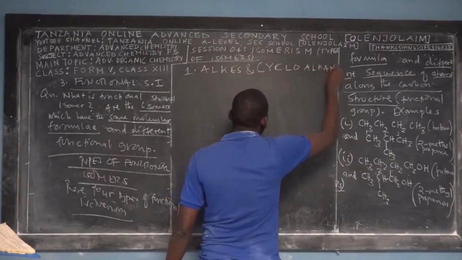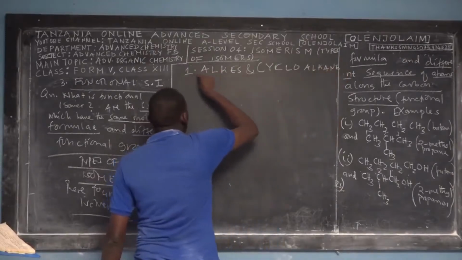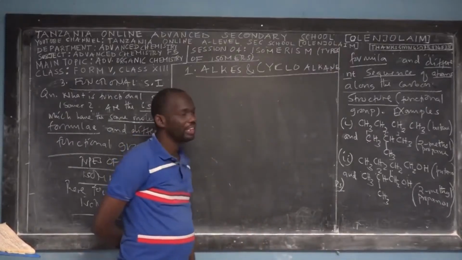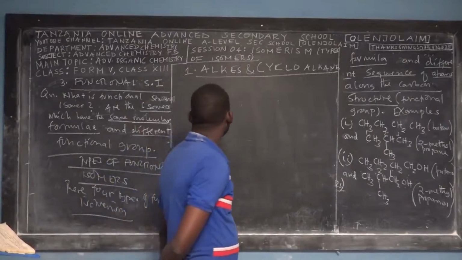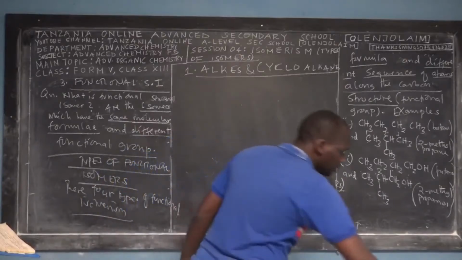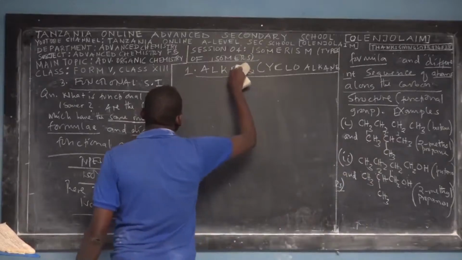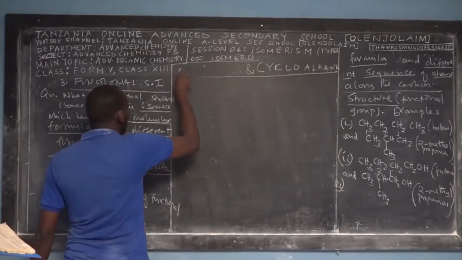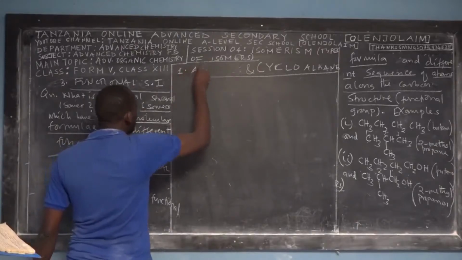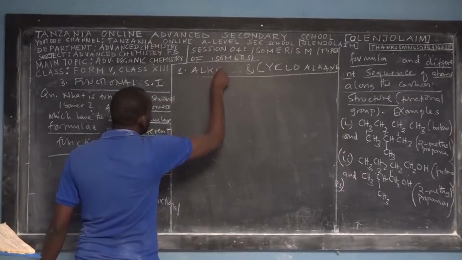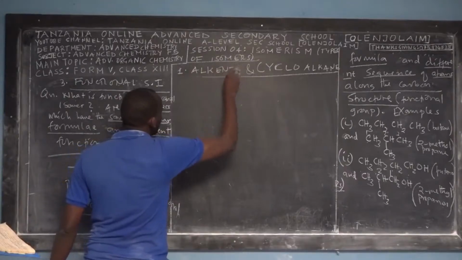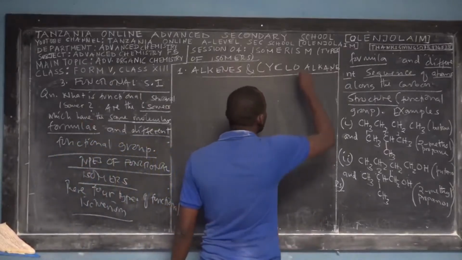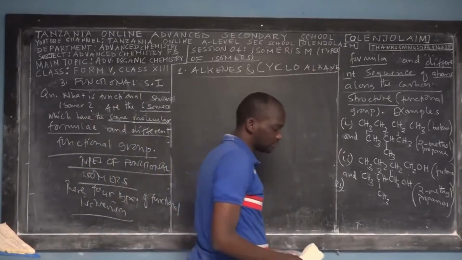It means that regardless of how many carbons, or regardless of the names of the alkenes, they have the same molecular formula. So this is alkenes and cycloalkanes. Listen carefully.